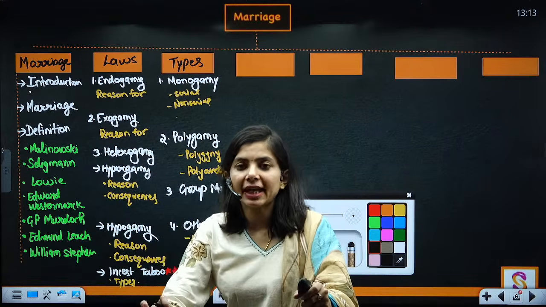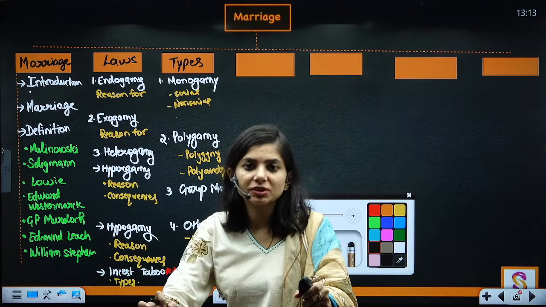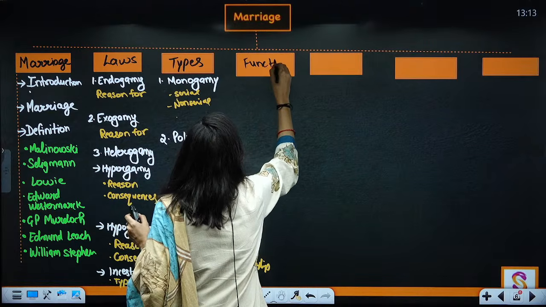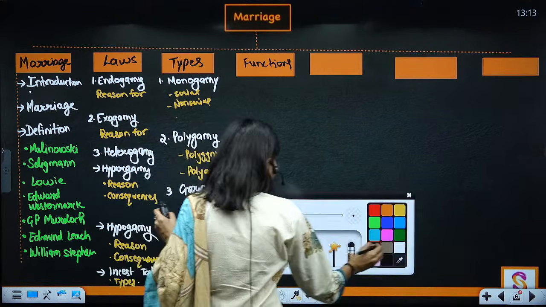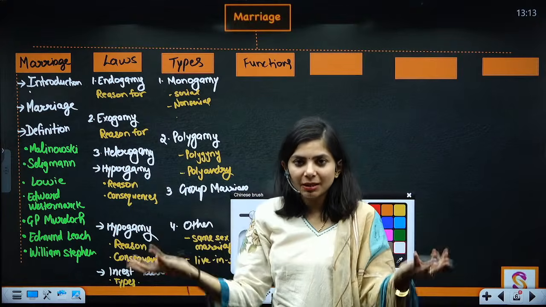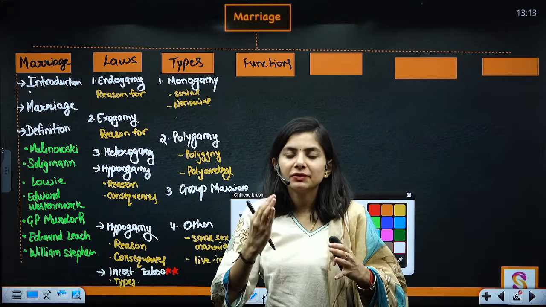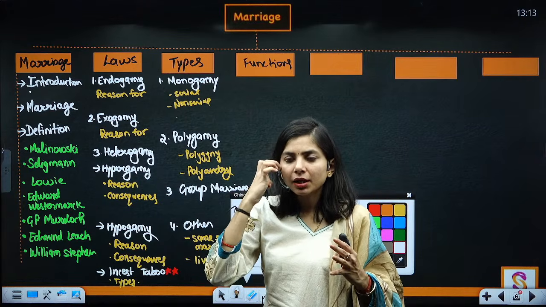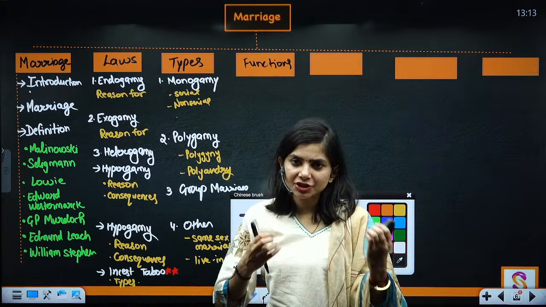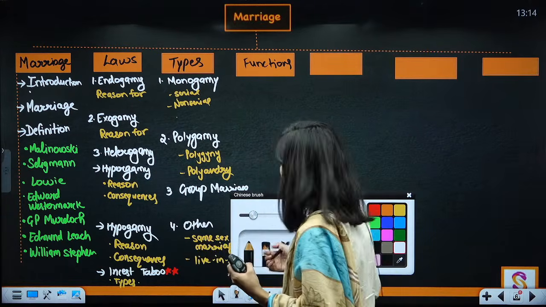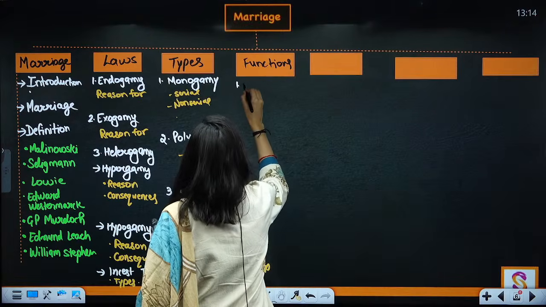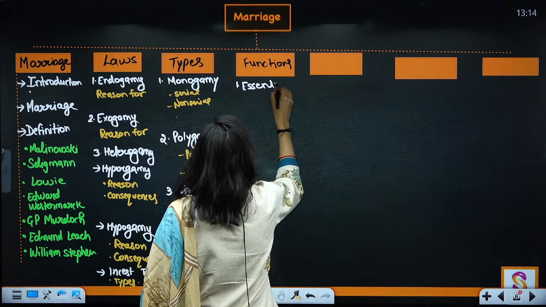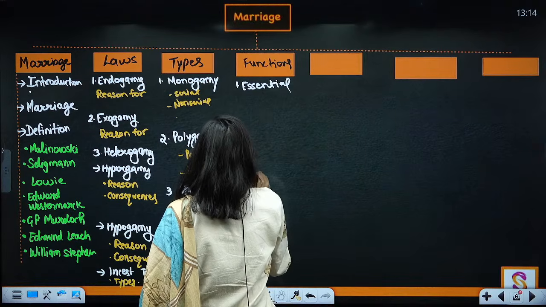Once we are done with the types of marriages, the next part is the function of marriage. We are going to sum up the functions into 4 parts: what are the economic functions, what are the social functions, and based upon that, essential function and non-essential function. So we are going to write down the basic types in terms of essential and in terms of non-essential.